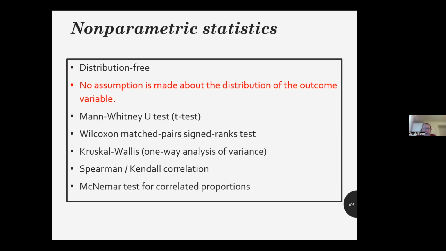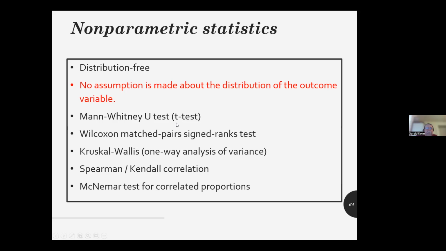And if you have correlated proportions, then the McNemar test. But the one thing about all of these tests is that what they're actually testing are not the actual values of our outcome, but the ranks. So all of these can be considered rank tests.